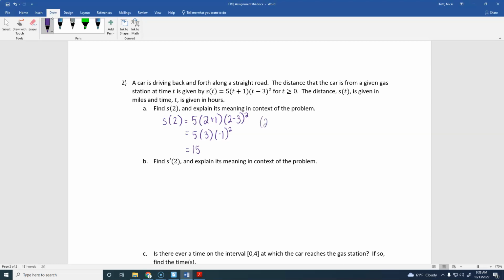So we're thinking about the point (2, 15). The x-coordinate, or in this case the t-coordinate, what does it stand for? What does it represent in this problem? It is your time in hours. And the 15, what is it? It is miles from the gas station.